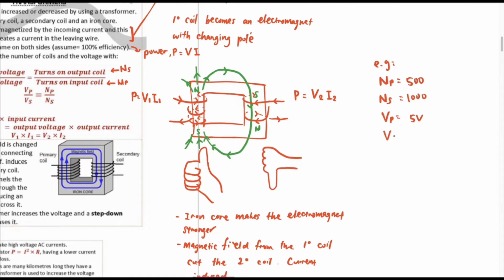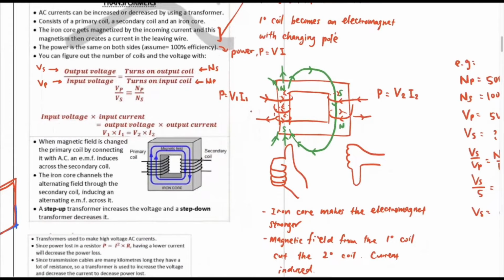So I'm looking for the output voltage. In order to find that, we just use this formula. Normally, if I want to find VS, I will put VS on top. I use VS over VP equals NS over NP. Then I substitute VS over 5 equals 1,000 over 500. And then I get VS equals 5 times 2, which is 10 volt. So from 5 volt it becomes 10 volts. So it increases the voltage. That is the main function of a transformer, to increase the voltage.